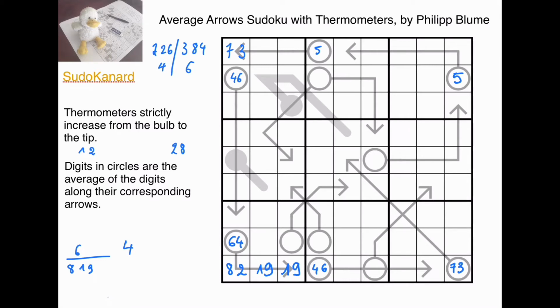What is the next step? 1, 5, and 9 must all be here, but 1 and 9 are not there. Where should I look?